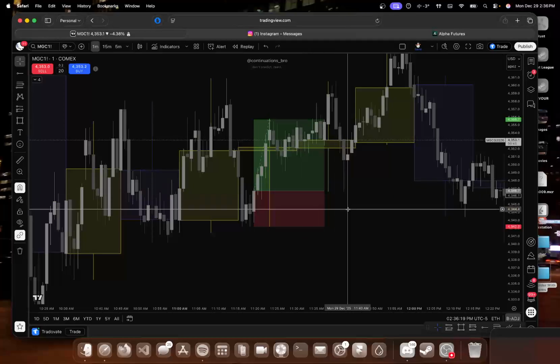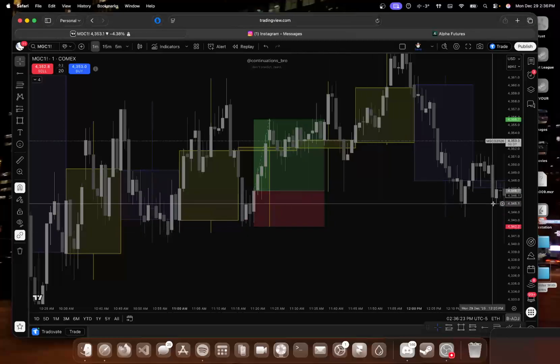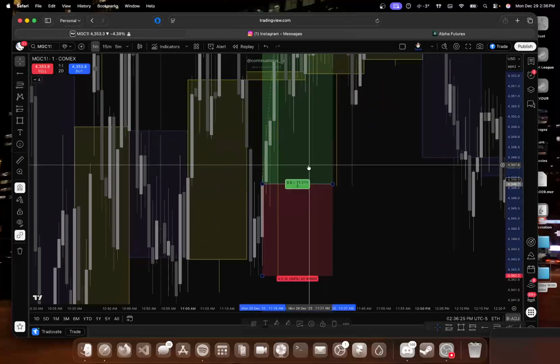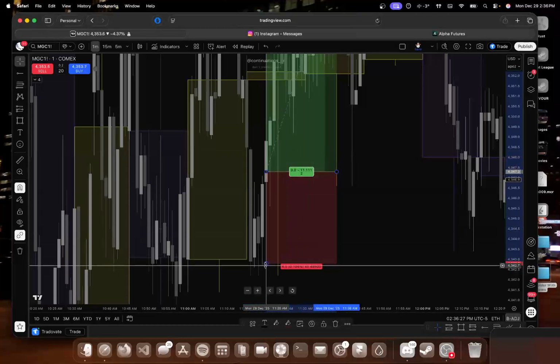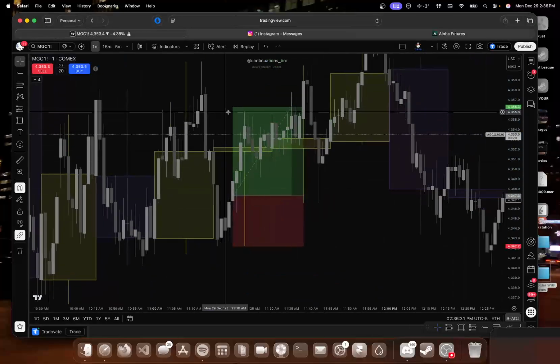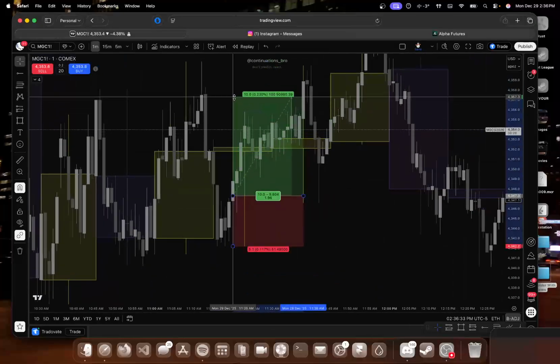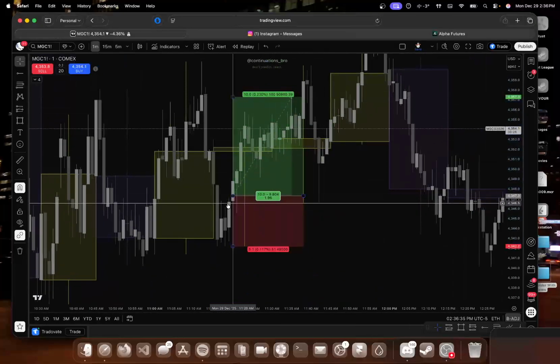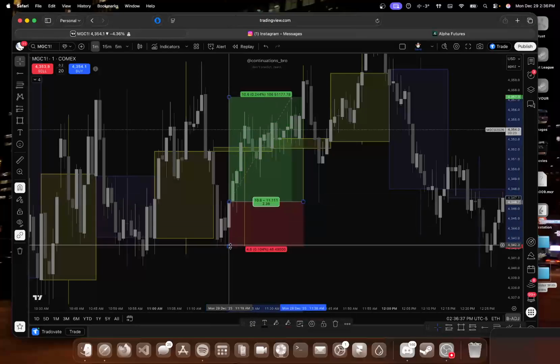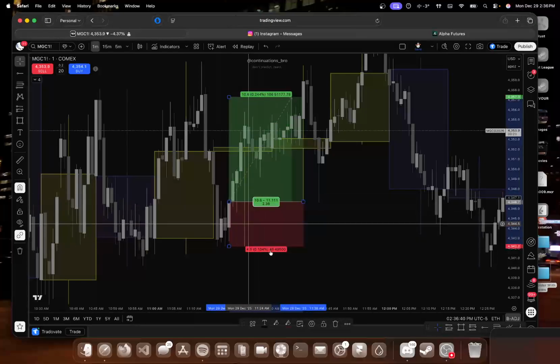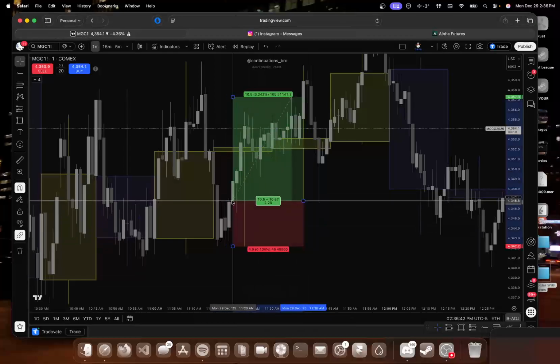Pretty simple. Another thing, if you do get in late, let's say you get in here because of slippage or something stupid, don't set your take profit at a 2R from where you entered. Set it from where you would have entered, right? At the close, or at the open of the next candle, I should say. So here.